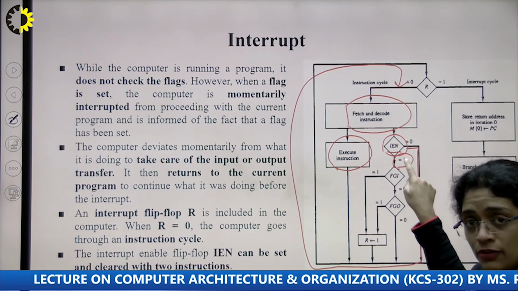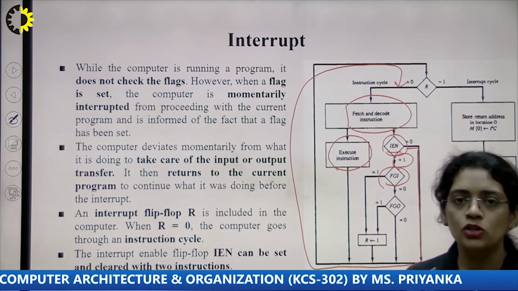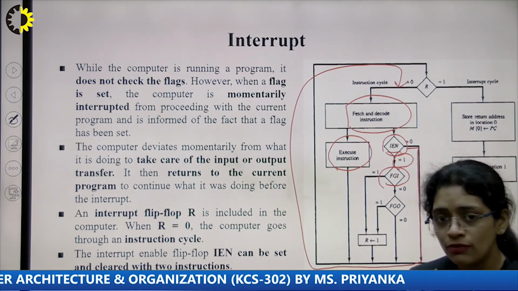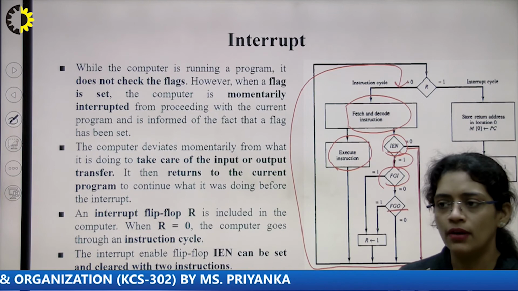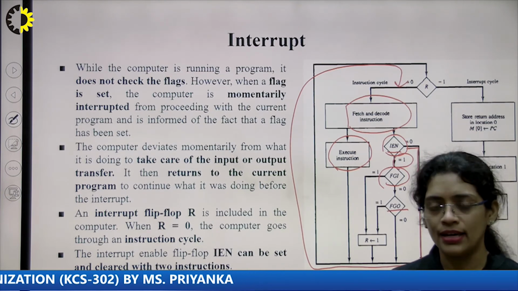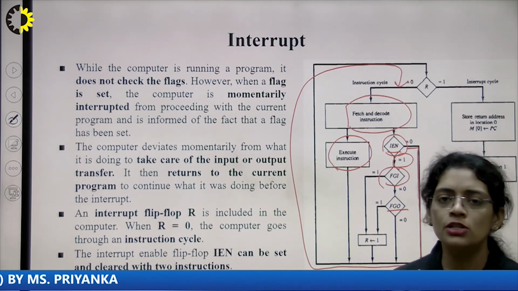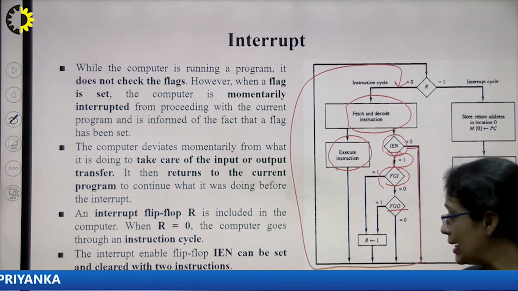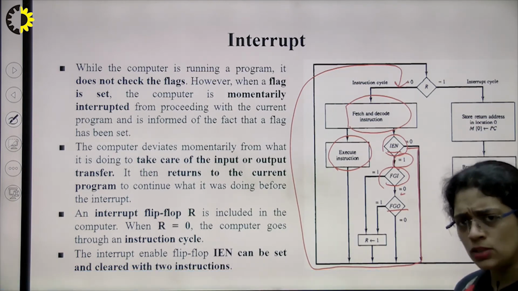After checking the IEN flag, we check FGI, which is the input flag, and FGO is the output flag. If the FGI flag is 0, that means input does not want the services and is not interrupting. Then in that case we check output, whether it is also 0.